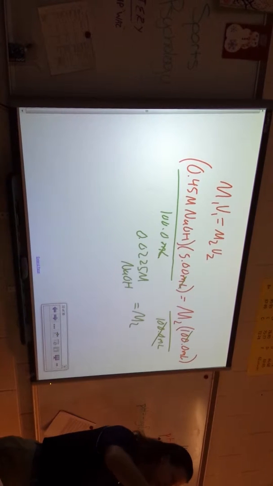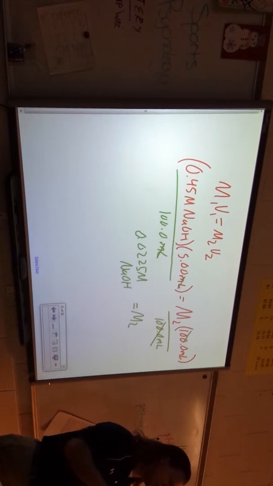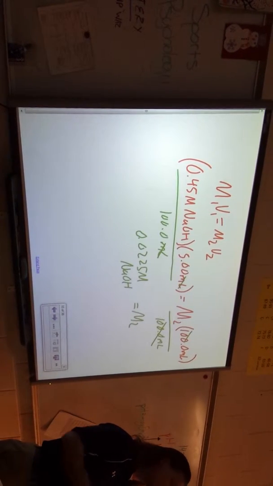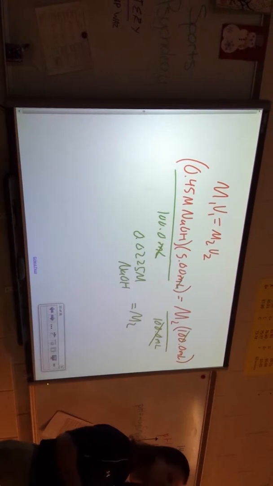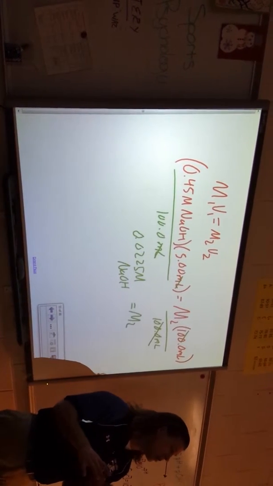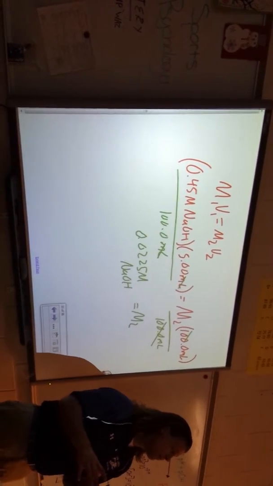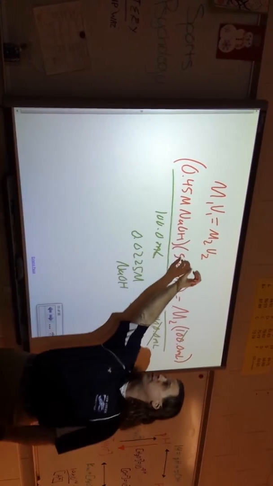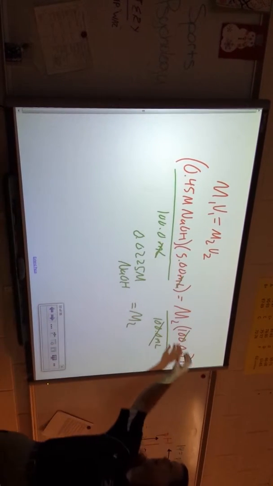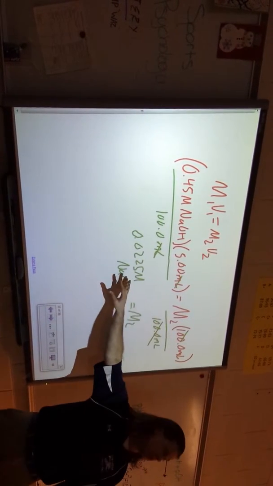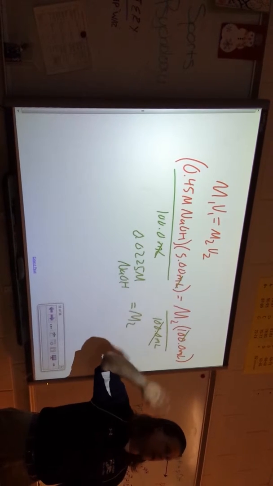I heard somebody when they were taking the quiz cross that out and do a different calculation and get the wrong answer. It should make sense that if you start with something concentrated, take a small amount of it, and add a bunch of water to it, the concentration is going to go down.